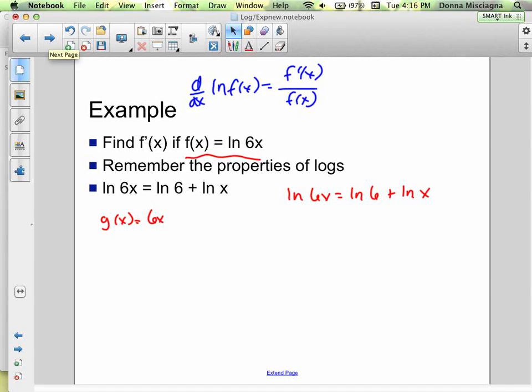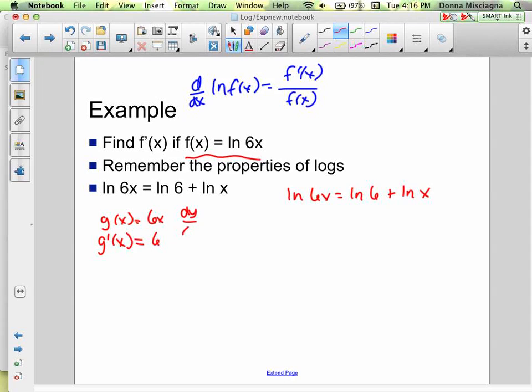I'll call it g of x. So g of x here is 6x. That's our inside function. Its derivative would be 6. So the derivative for the natural log function would be 6 over 6x. Well, that reduces to just 1 over x.